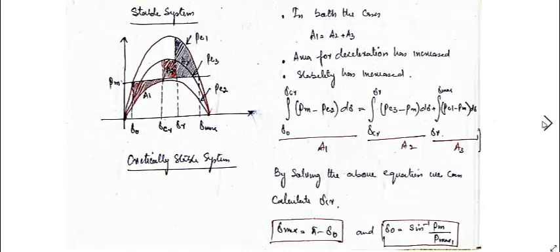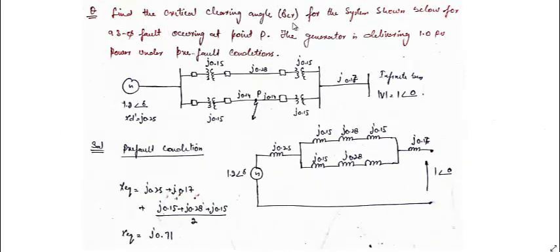The question is: find the critical clearing angle delta CR for the system shown below for a three-phase fault occurring at point P. P is at the middle of this line. The generator is delivering 1.0 per unit power under pre-fault conditions, so mechanical power and electrical power are equal. That means PM is equal to PE is equal to 1.0 per unit.